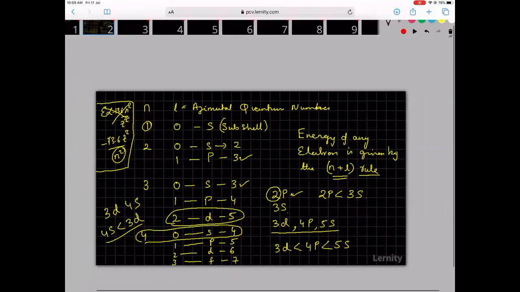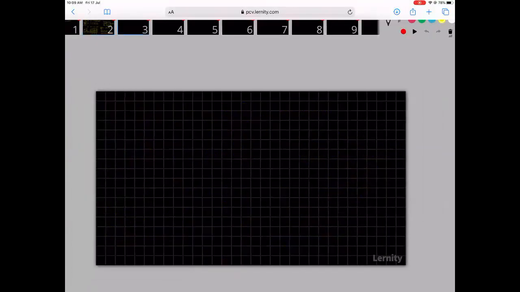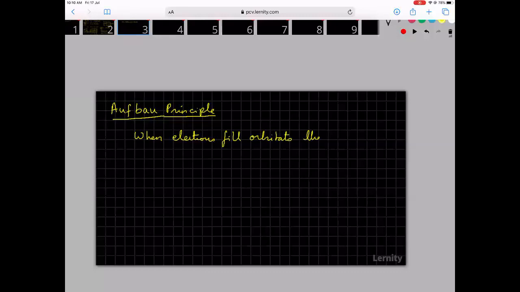Now, the rule for filling up of electrons is what is known as Aufbau's principle, AUFBAU, Aufbau's principle, that when electrons fill orbitals, they fill lower energy orbitals first.